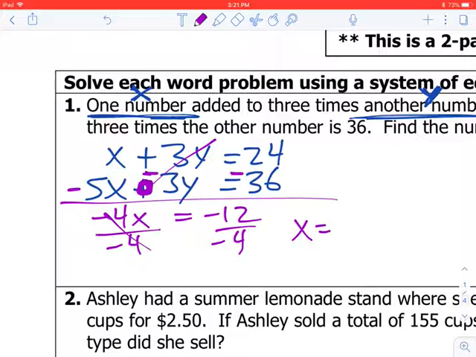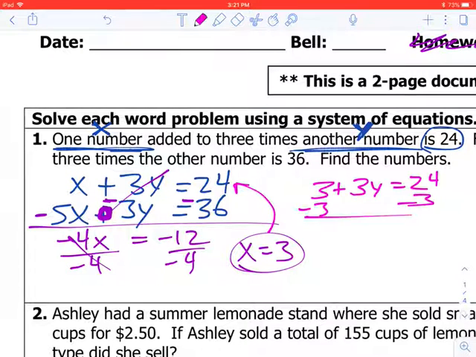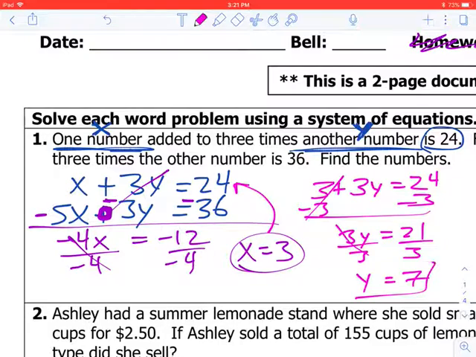So x equals 3. But remember, we're not done until we find both variables. And so the top one is now, instead of x plus 3y, it's going to be 3 plus 3y equals 24. So I subtract 3, get 3y equals 21. And so I divide by 3 both sides, and I get y equals 7.